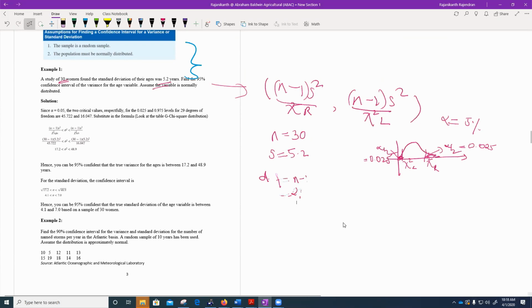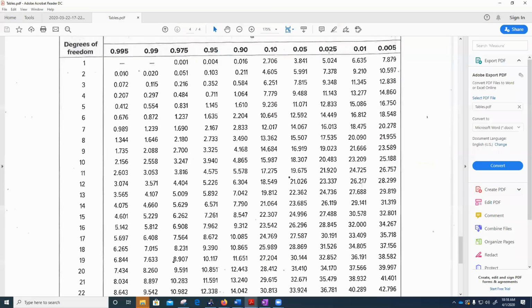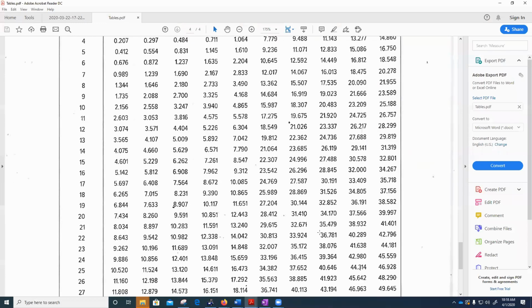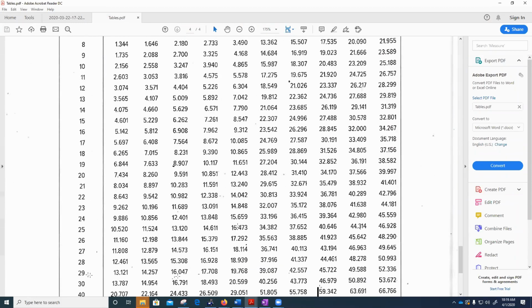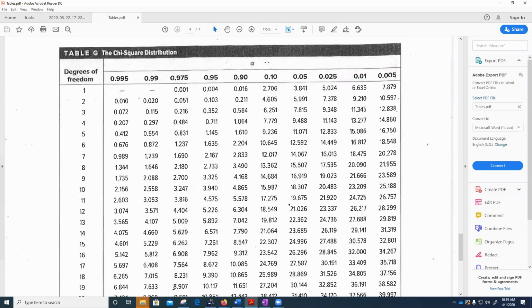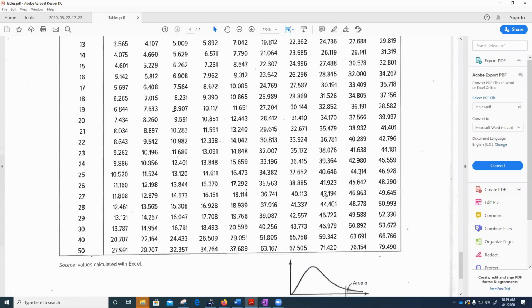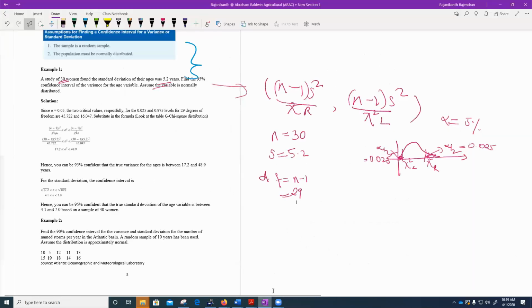So I have to look at 29 and 0.025, which is the third column. So it's going to be 45.722.